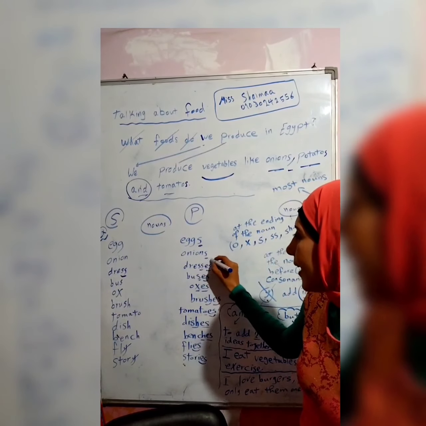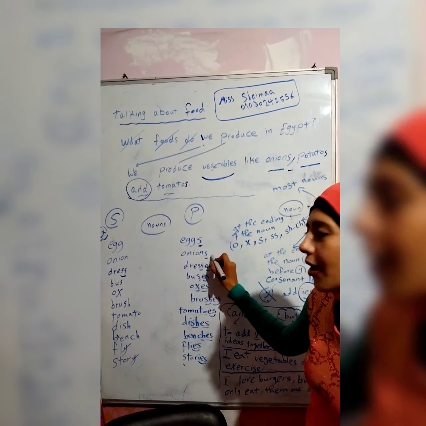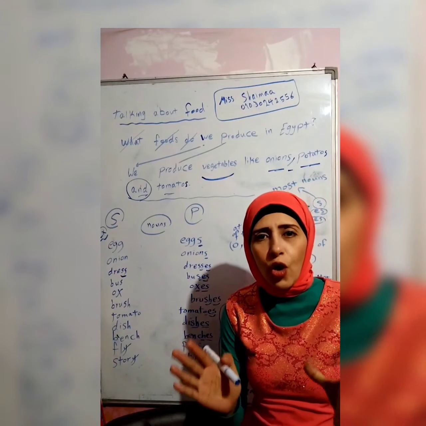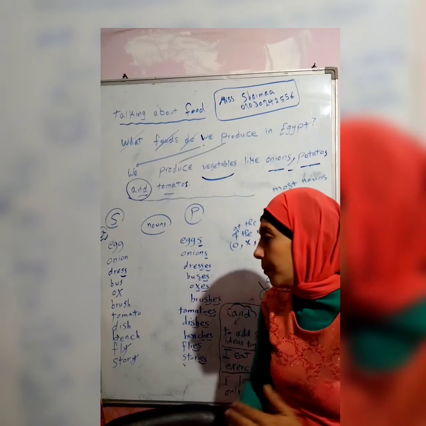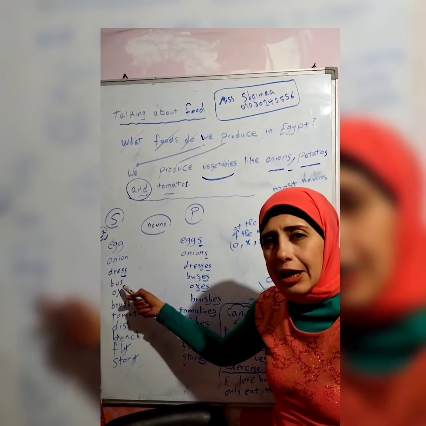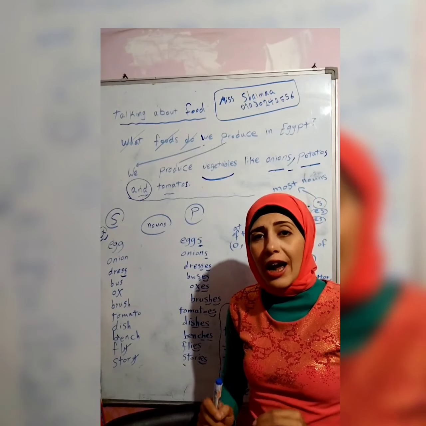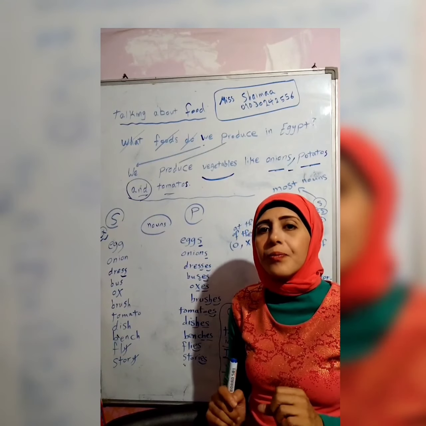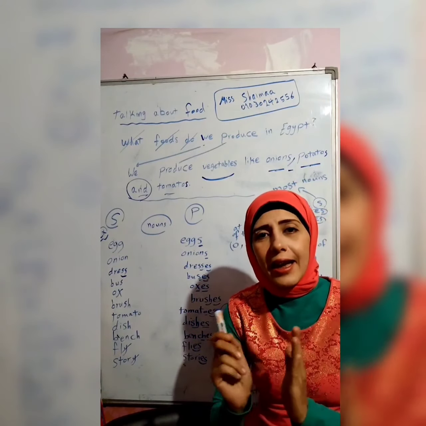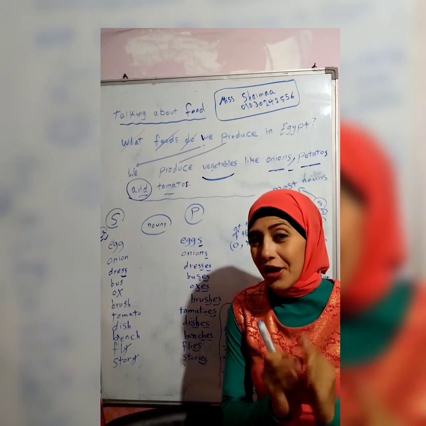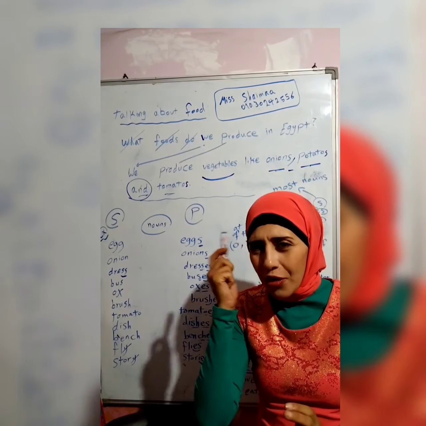Put here at the ending of this noun the letter S to change it from singular noun to plural noun. Look here. Dress. At the ending of this noun, two letters S and S. Do you remember this rule? Remember with me?